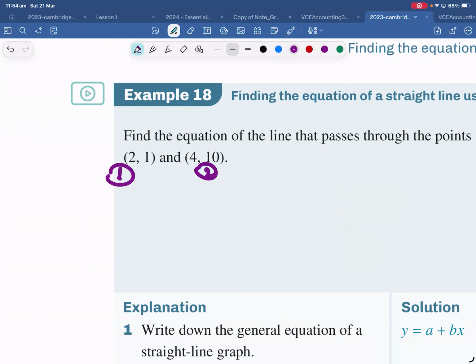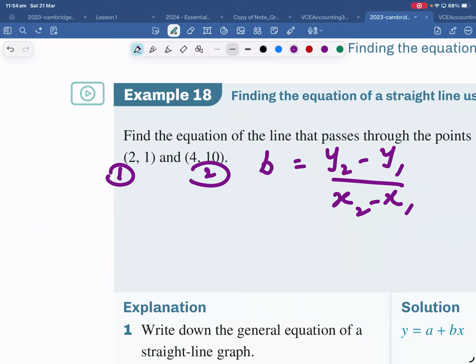So then I do the same thing. To calculate b, or the slope, y2 minus y1 over x2 minus x1.